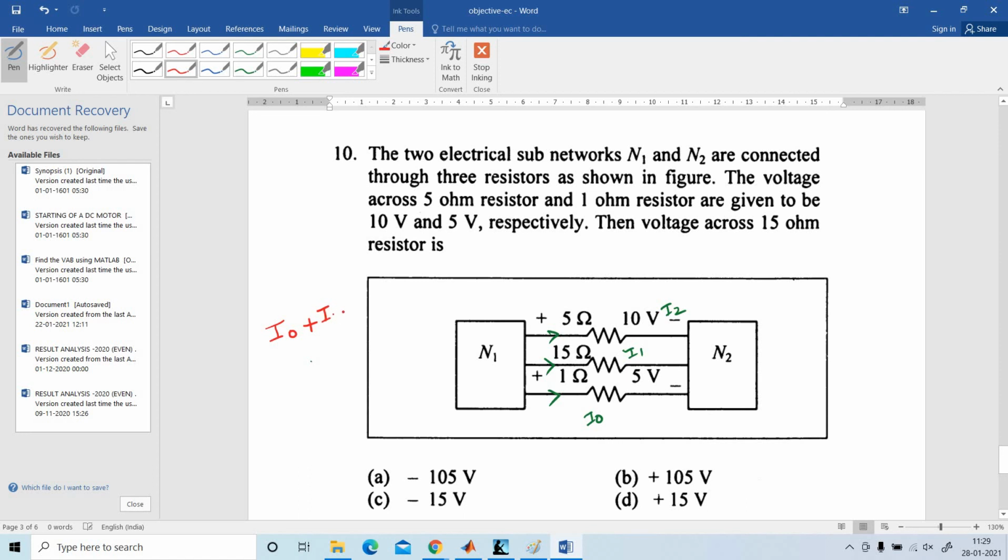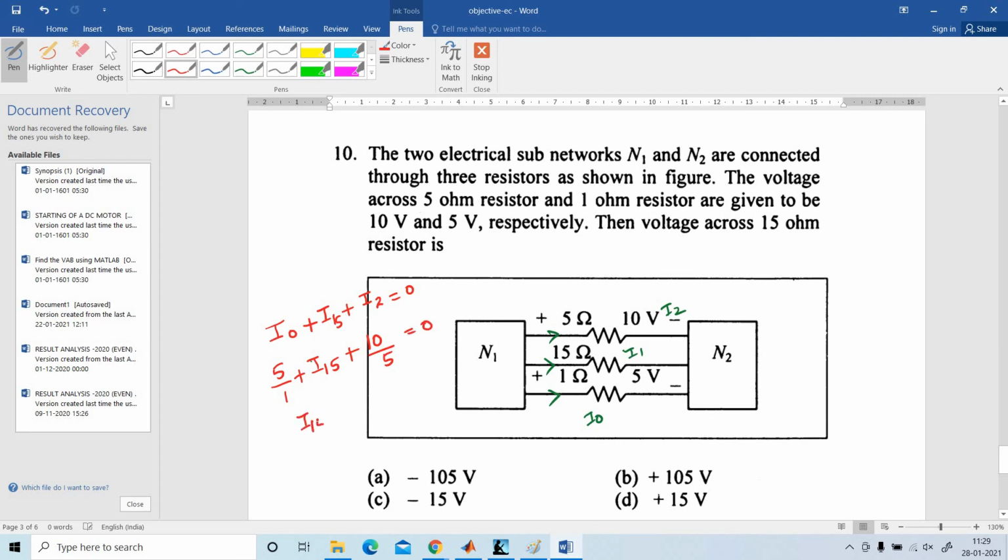I0 plus I1 plus I2 equal to 0. So I0 equal to 5 by 1, plus I15, plus I2 equal to 10 by 5, equal to 0.